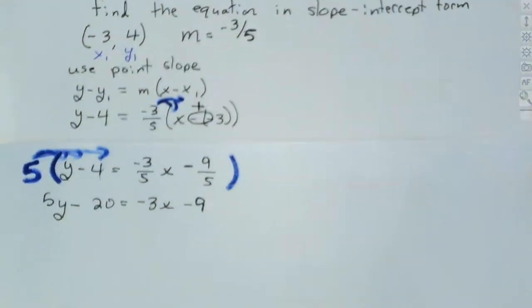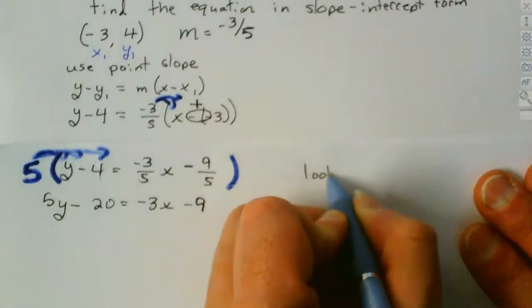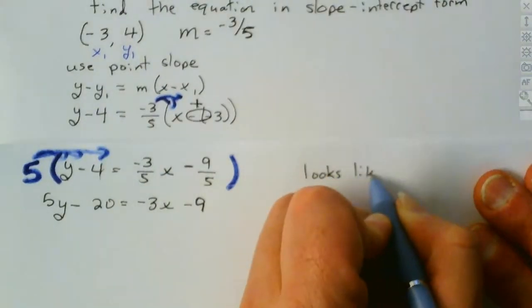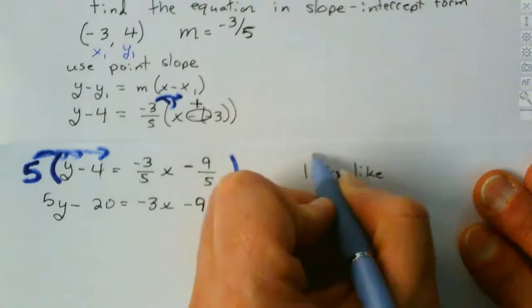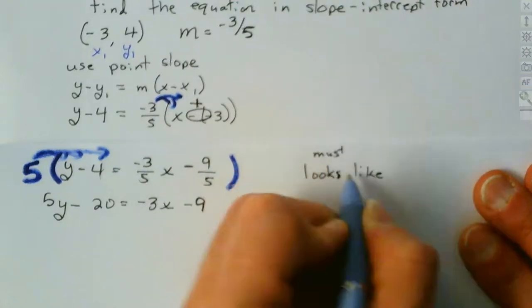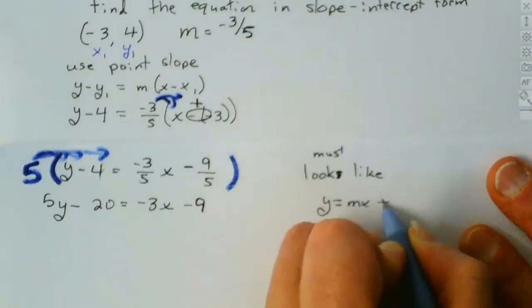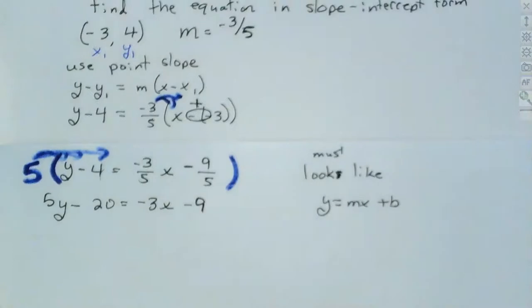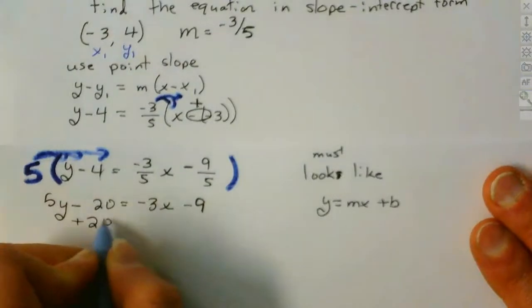We should know what to do from here. Now, what does it need to look like? It must look like this. y equals mx plus b. So that's what it must look like. How do we get it there? Well, we add our 20.